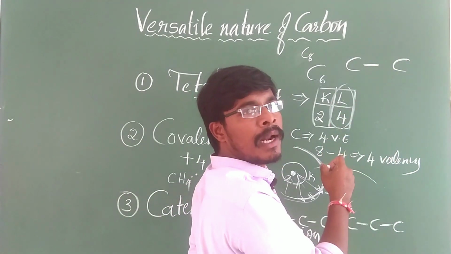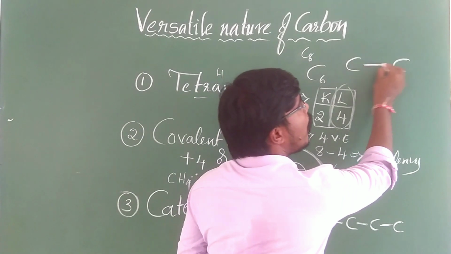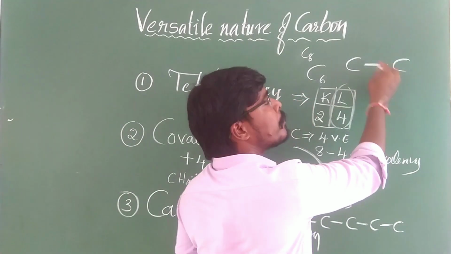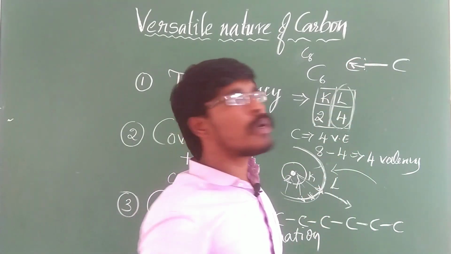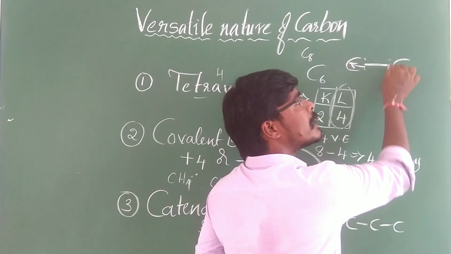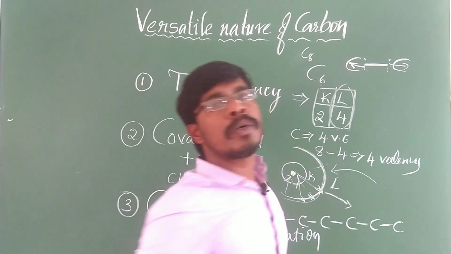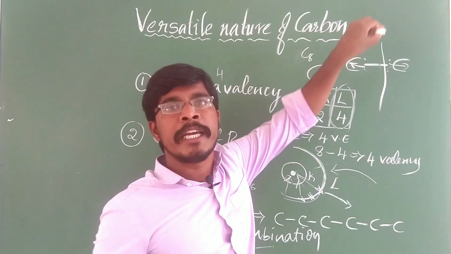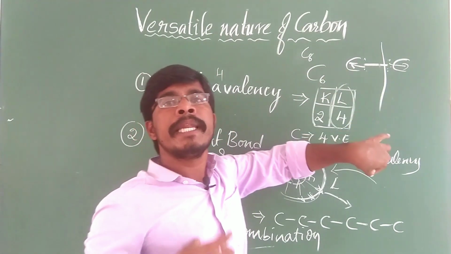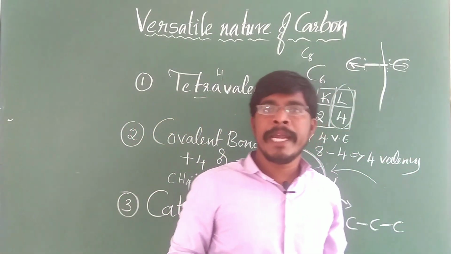Here, 2 carbon atoms are combined together. The electrons in the bond formed between them are strongly bonded to the center of the nucleus, and the shared electrons are also bonded to the center of the nucleus. Due to that, if you want to break this bond, we need to supply a large amount of heat.